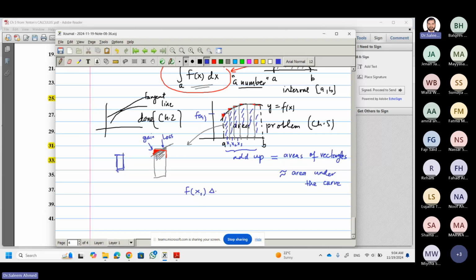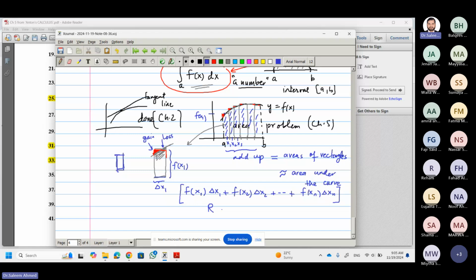We call the width delta. Delta is the width of each rectangle. This width is delta, and the height comes from the function f of x1. So if you keep on adding f of x2 delta x2, f of x3 delta x3, these are the areas of all rectangles. Okay, this is the sum.